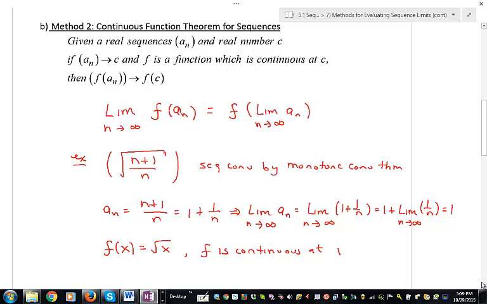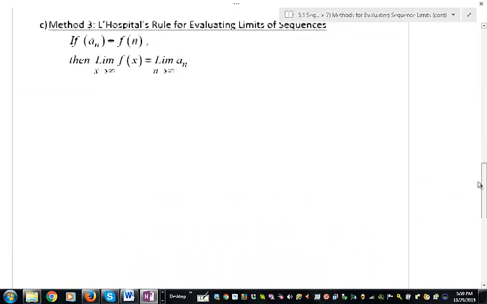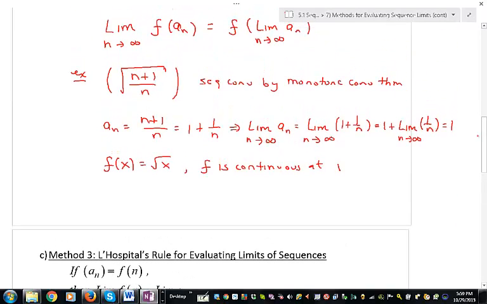Therefore, by this theorem, if we now look at this sequence, okay, we know that its limit converges to f of the limit of the argument, which is 1, which is equal to the square root of 1, which is 1.